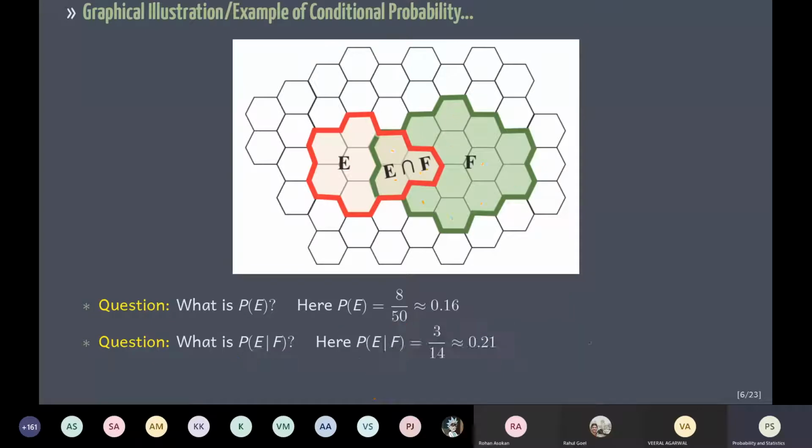Actually it is 14, two more were here. This is also part of F.